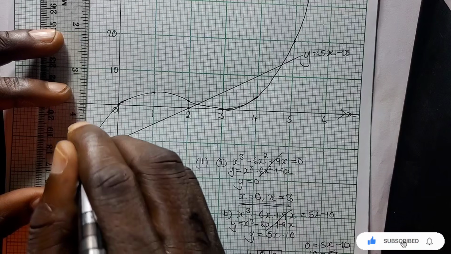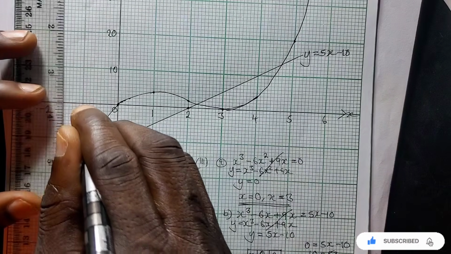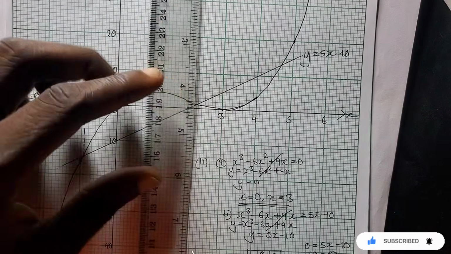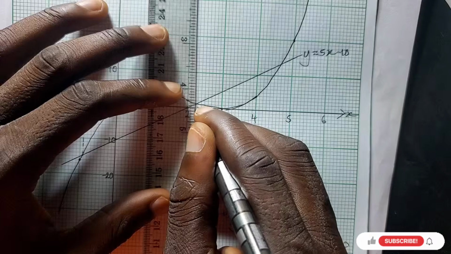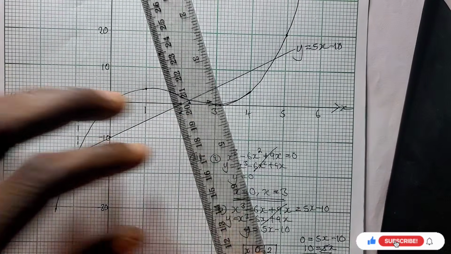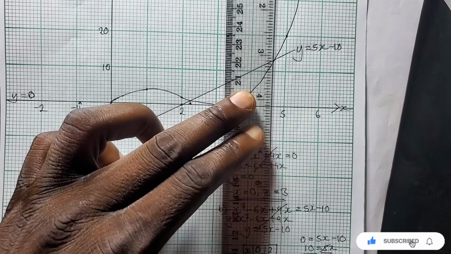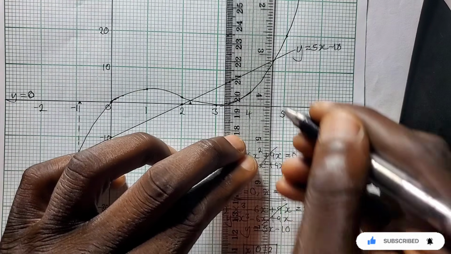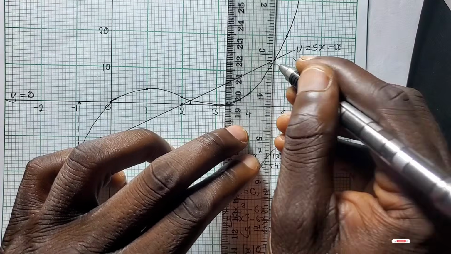So I need to know the value of x here. I also need to know the value of x here. Finally, I also need to know the value of x here. I hope you can see.